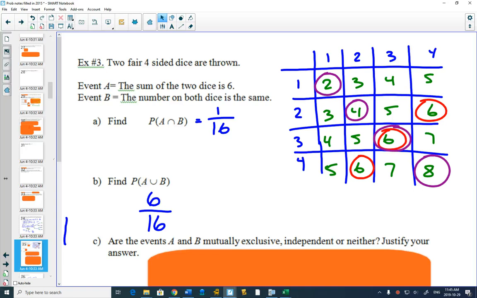You can do the first one. Well, are they independent? I don't know if we can say that they're independent. Probability of A, the sum of the 2 dice is 6. If I do that one by itself, probability of A would be 3 out of 16.